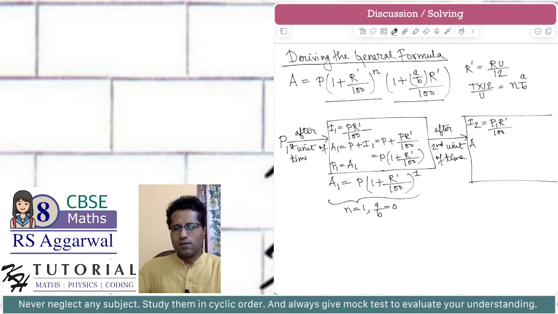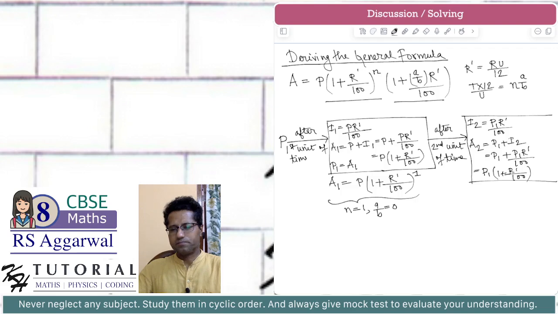And A2, the amount, will be P1 plus I2. So this is P1 plus P1 R dash by 100, which is P1 multiplied by 1 plus R dash by 100.